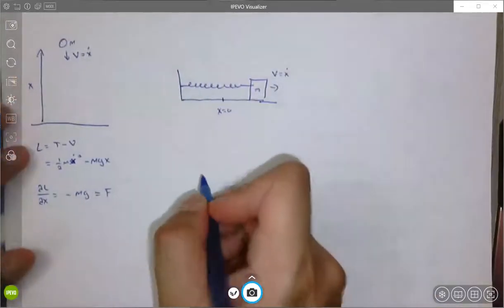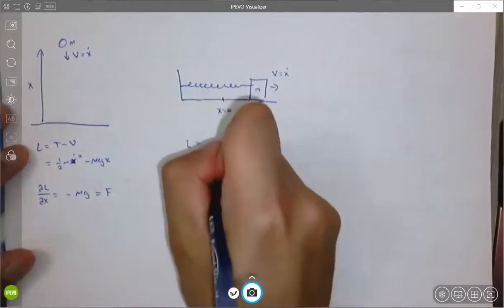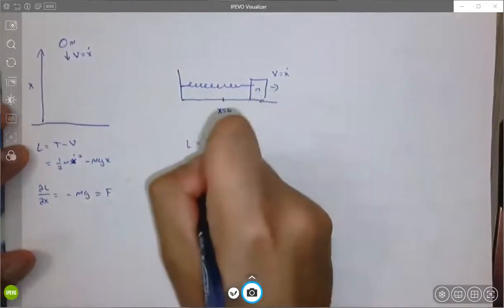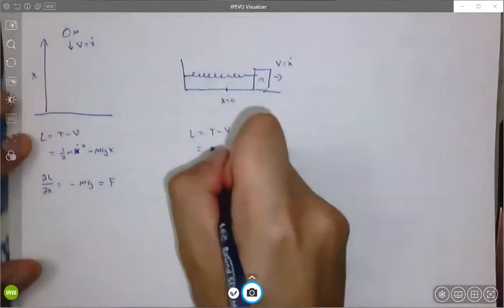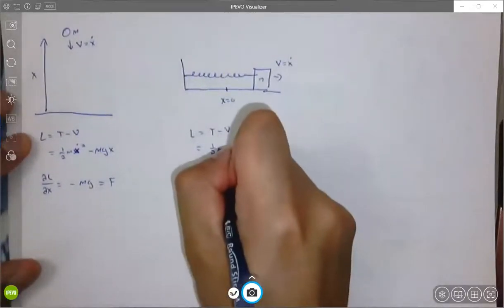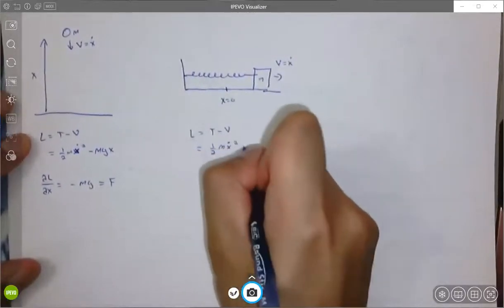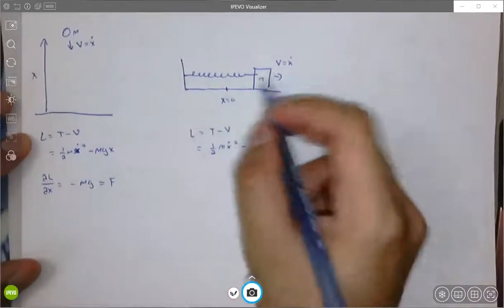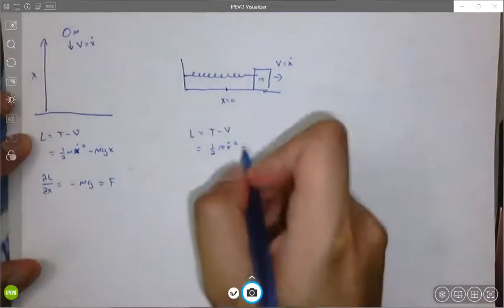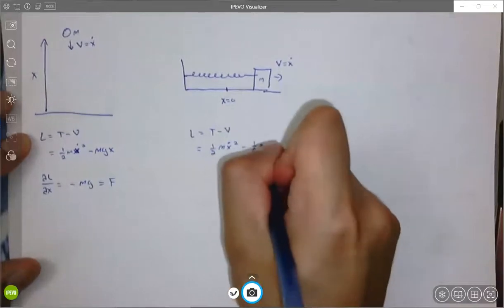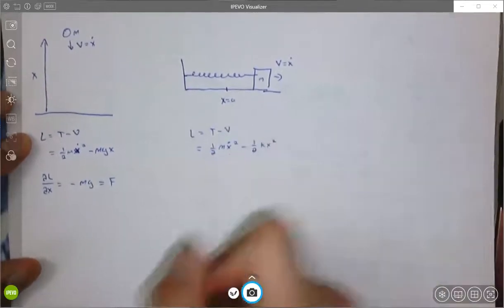We could write down the Lagrangian, which is L equals T minus V. In this case, it's going to be 1/2 mx dot squared minus the potential energy of a spring, which is 1/2 kx squared.